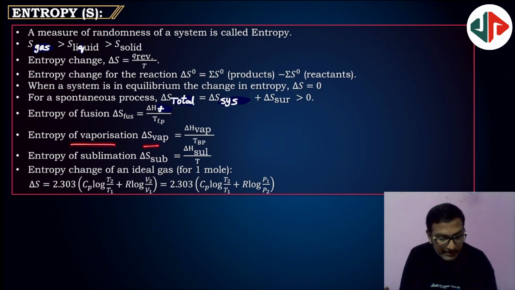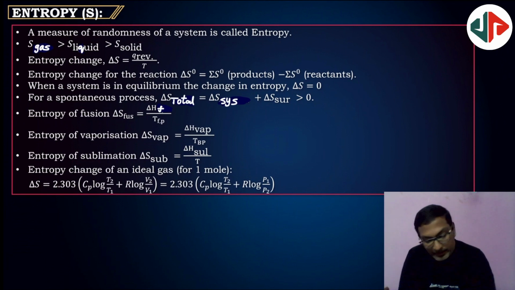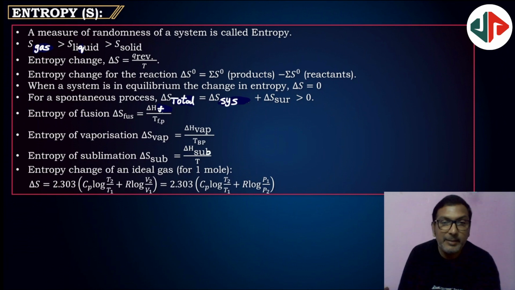Delta S vaporization equals delta H vaporization by boiling point. Next, entropy of sublimation. Delta H sublimation by sublimation temperature.